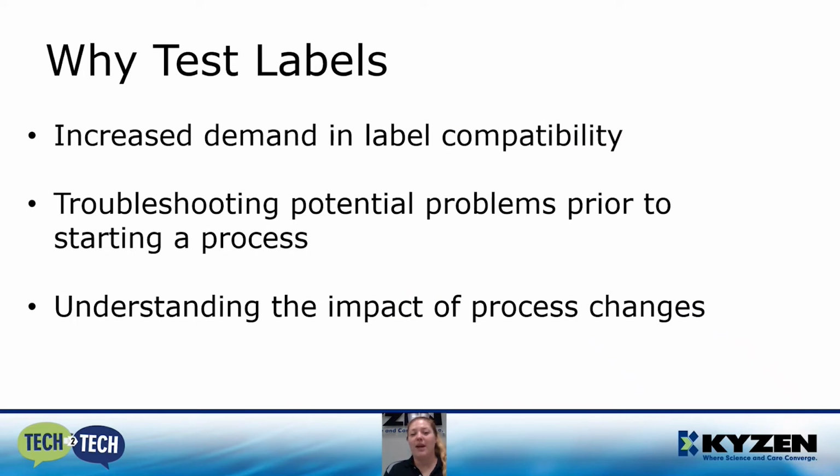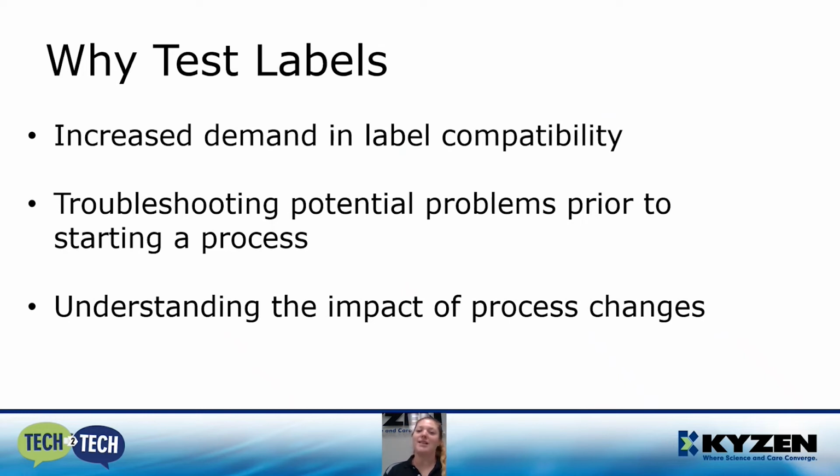So why test them? Overall, we've seen an increased demand wanting the data for label compatibility. We've dug into this over probably the last decade and done a lot of research on our specific cleaners and how labels react in a wash process. It also helps with troubleshooting potential problems prior to starting that process.